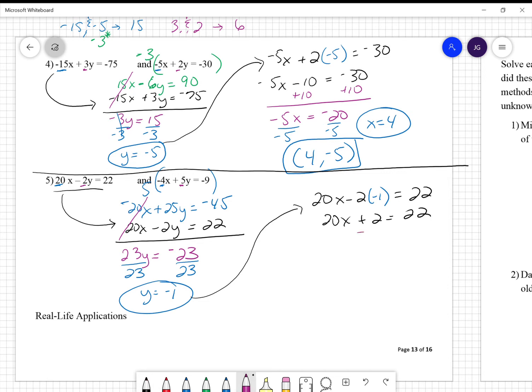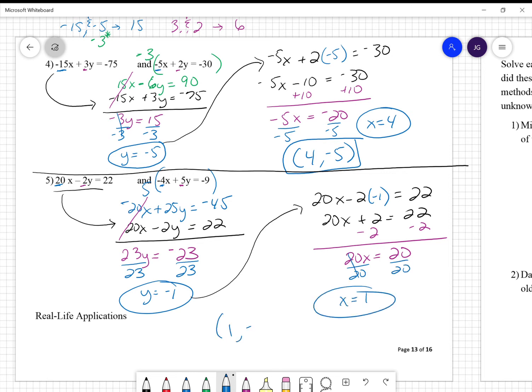Subtract 2 on both sides. 20x equals 20, x equals 1. So my ordered pair solution is 1, negative 1.